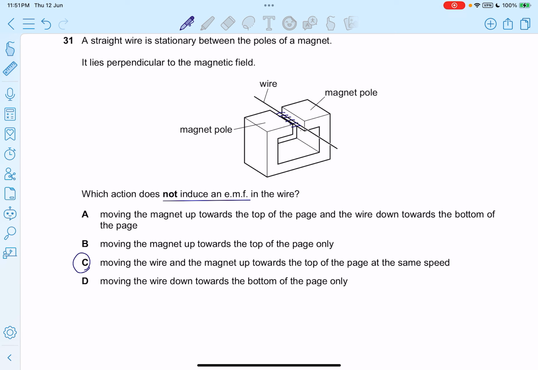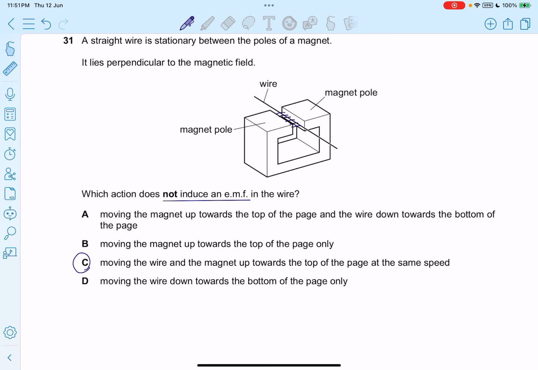So to cut it, you just move it up or down the wire. And the EMF depends on the speed at which the wire cuts the magnetic field. So that is something to note about the EMF. But to not produce an EMF means the wire does not cut the magnetic field.